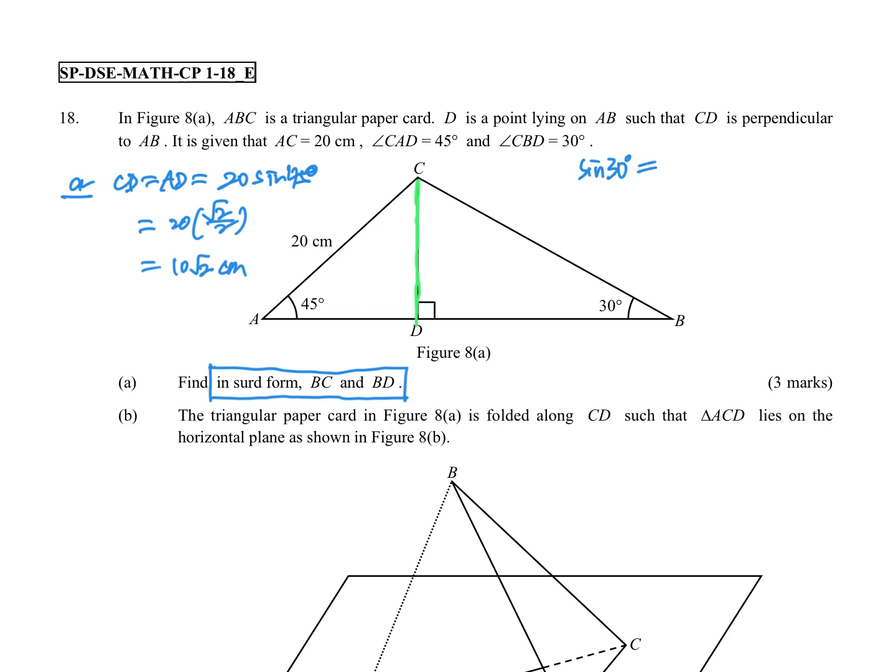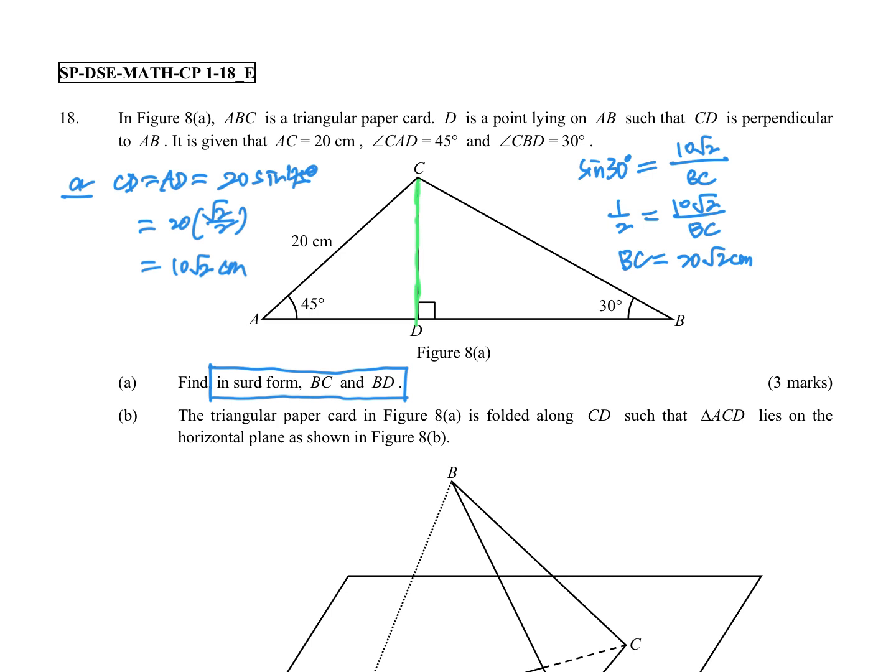Sine 30 equals 10 square root 2 over BC, the hypotenuse. Sine 30 equals 1/2, so BC will equal 20 square root 2 cm.